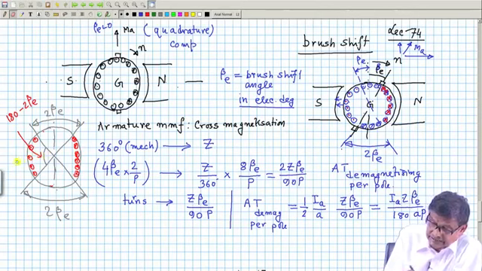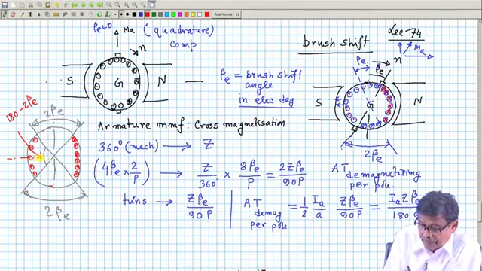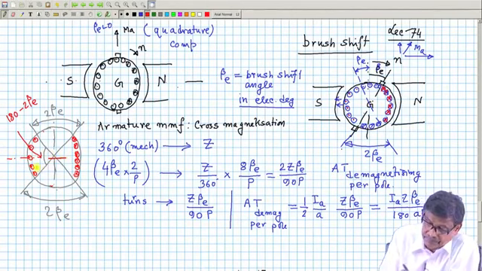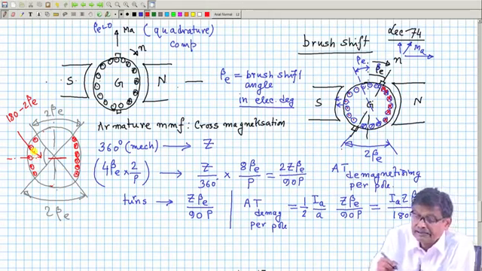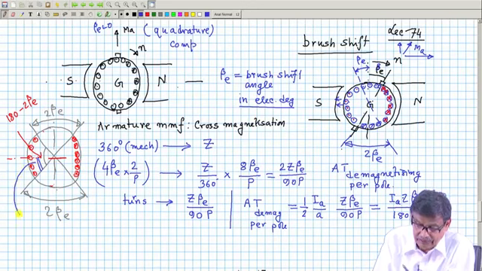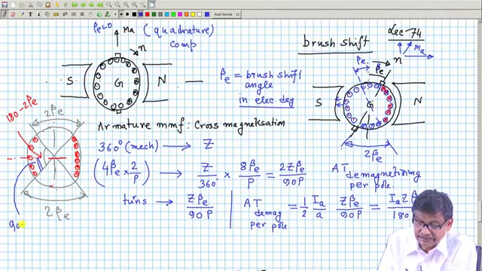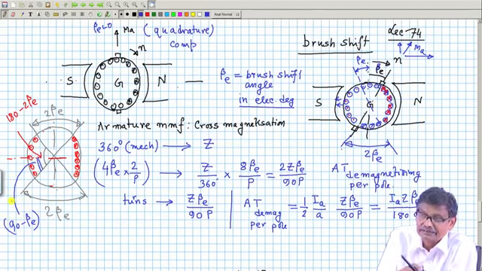So, in this case this angle will be half of that, is it not? That is this angle will be 90 minus beta E, half of this.